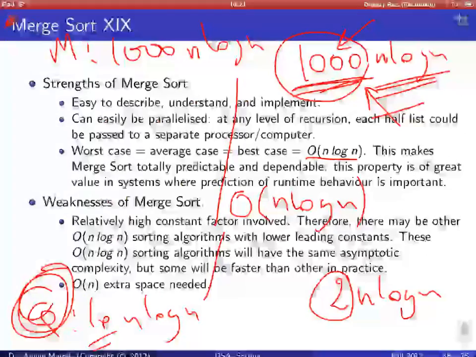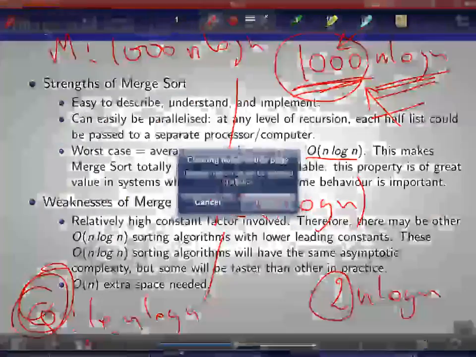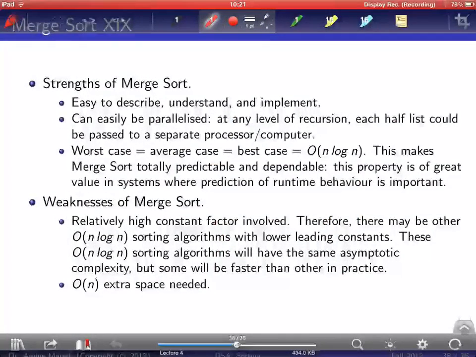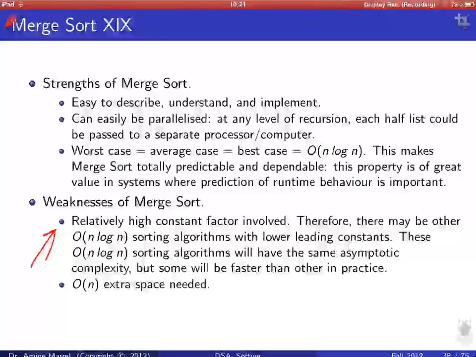Merge sort splits the sequence and then does the merging, and while it is doing the merging, it is doing the sorting. So merge sort does the sorting part in the merging part, because the merge routine takes the subsequences and orders them. So the sorting part in merge sort is done at the merging part.